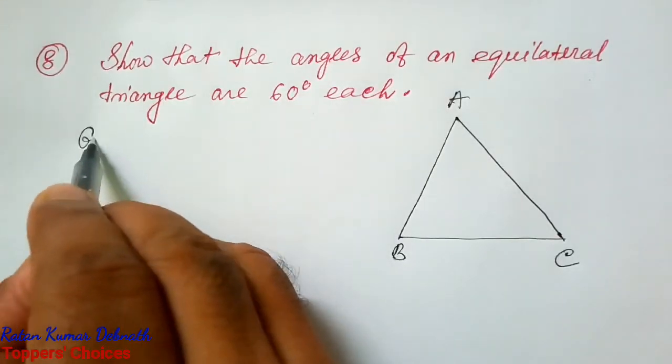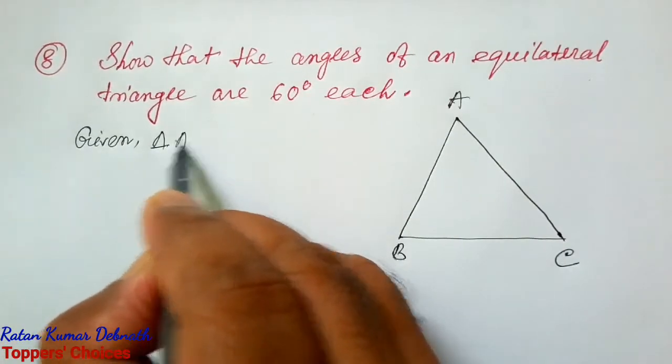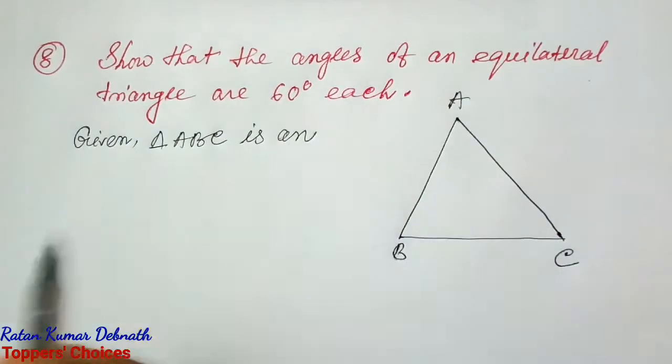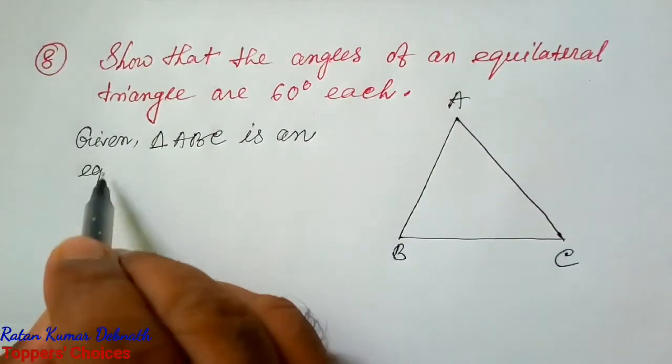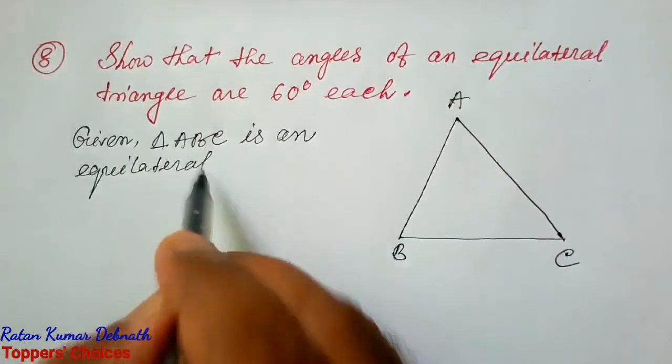Given: triangle ABC is an equilateral triangle.